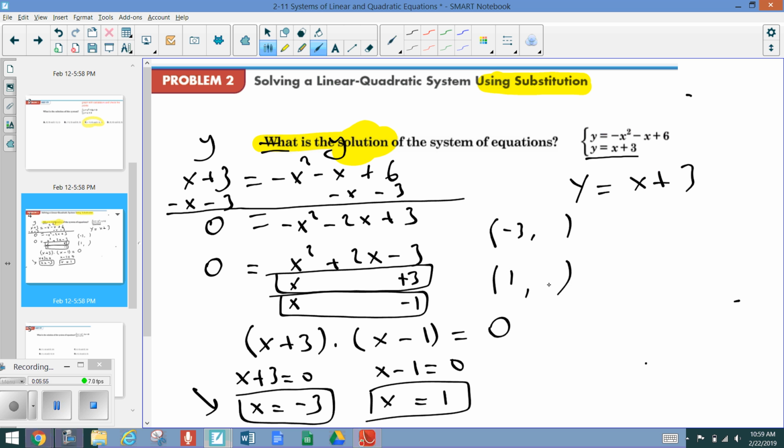We're just wondering what the y's are. How? Plug it in. So y is equal to negative 3 plus 3. Plug in this one, it's going to be 0. And when I plug this one in, y is equal to 1 plus 3, which is equal to 4. We got those, right?